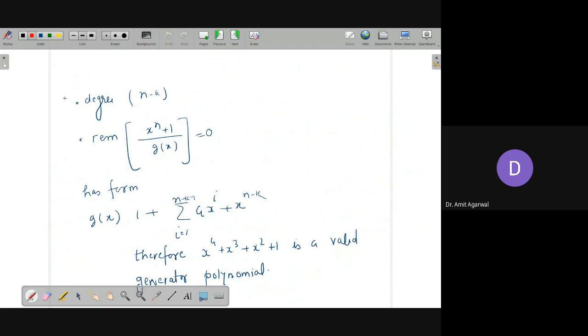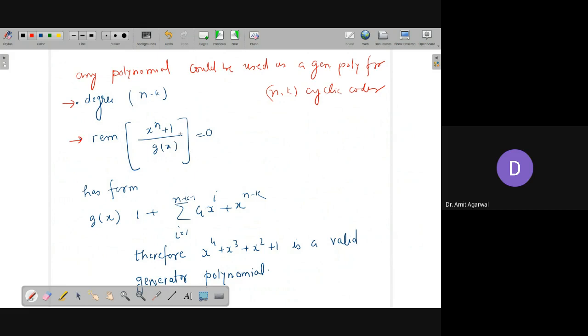So these are the two steps you have to check to see whether any polynomial could be used as a generator polynomial for (n, k) cyclic codes. First check if the degree is n minus k, and second check if the remainder is 0.